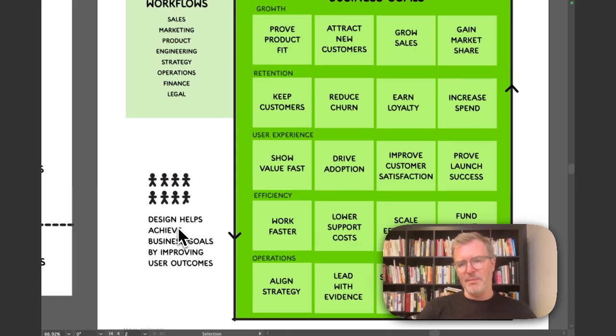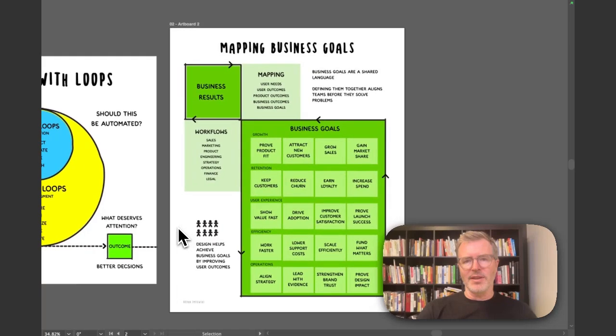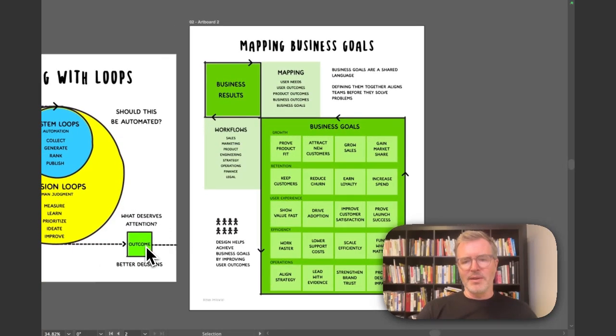Otherwise, it loses credibility. And so ultimately, when design leads and product leads come to me, there's often a breakdown at this level where the business hasn't fully articulated what they're trying to do, and there is no mapping back to the success of what design is trying to accomplish for them.